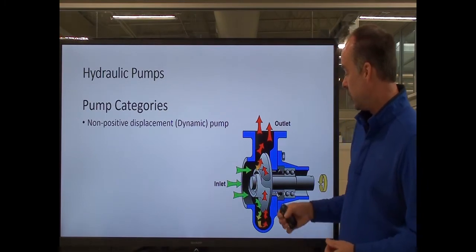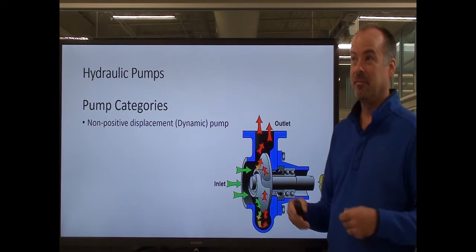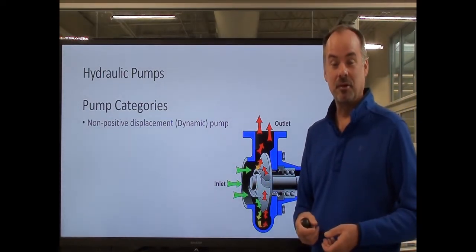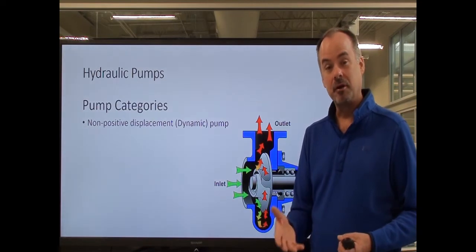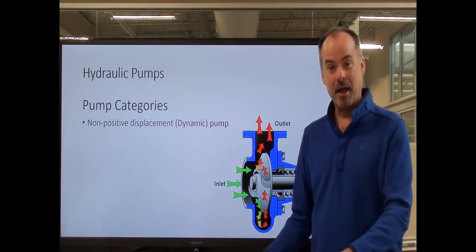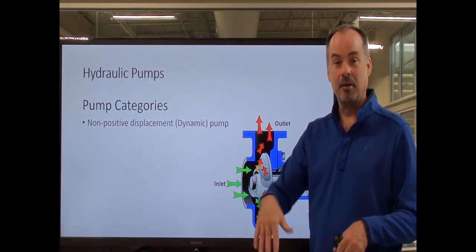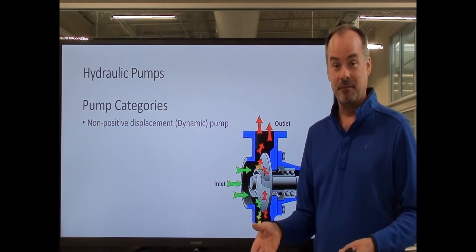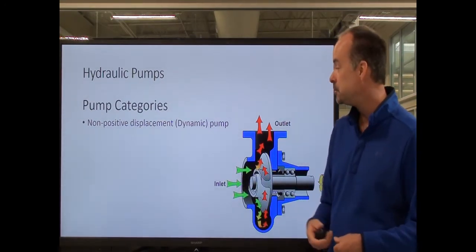But given that there are no tight tolerances in here, think of it like a box fan that you use at home. It's sitting there spinning, it's moving the air, but it's not creating a lot of pressure. And if you block the front or the back of that fan to stop all the airflow, you'd be deadheading that fan, and it would not tear anything up. The blade would sit there and continue to spin.